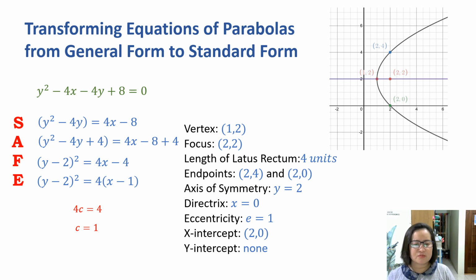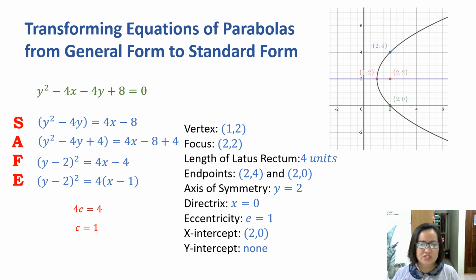Doing mathematical manipulations, we will get x equals 2. So therefore, when y is 0, x equals 2. The x-intercept of the given graph is at 2, 0.